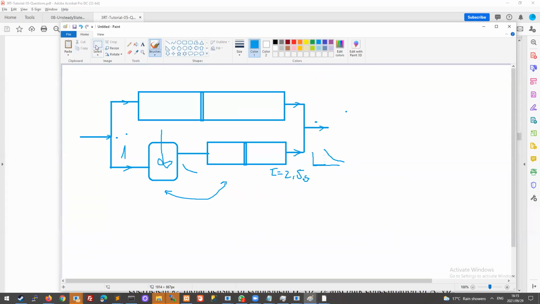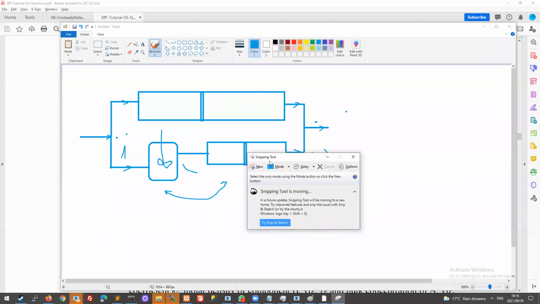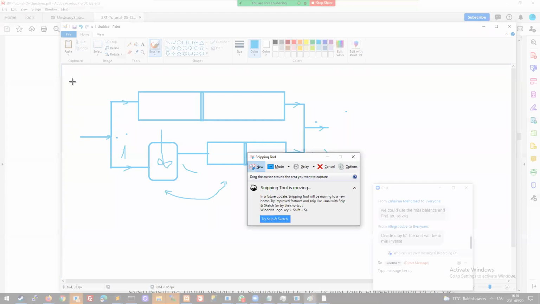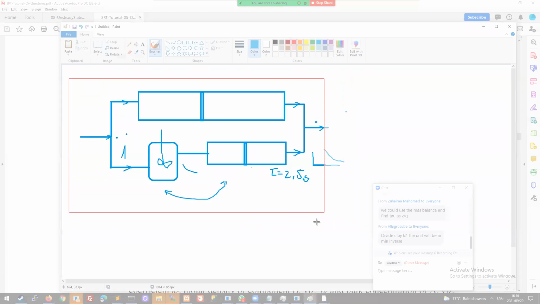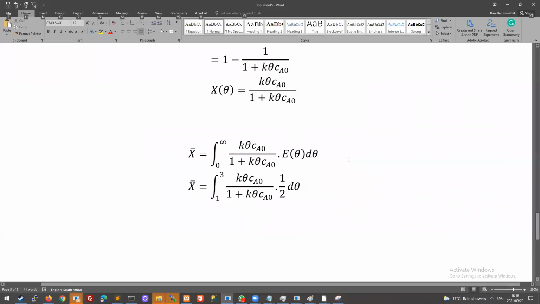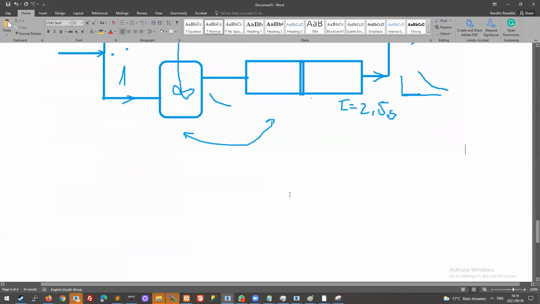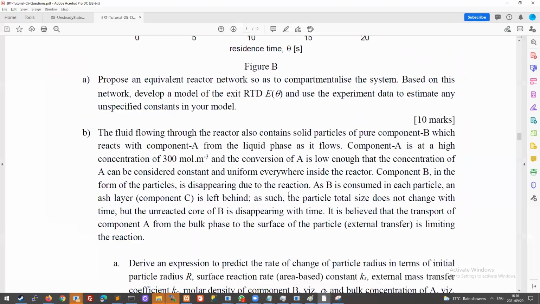Okay, so let's go ahead and do this. Let's copy this picture first. And okay, we'll copy it with all the mess also. And now let's just do this on a new space. The first thing that the question asks for is the network and then to develop a model of the RTD.